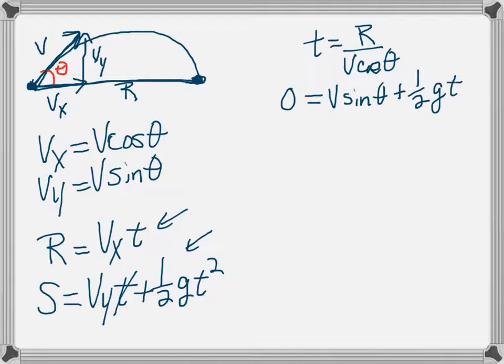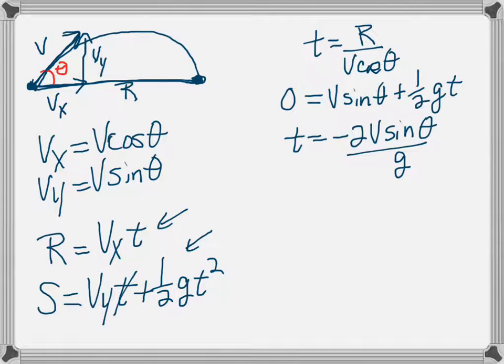g t. Now if I solve this for t, I take the v sine of theta over to the other side, which will be a minus, and multiply both sides by 2, so t equals minus 2v sine of theta all over g.